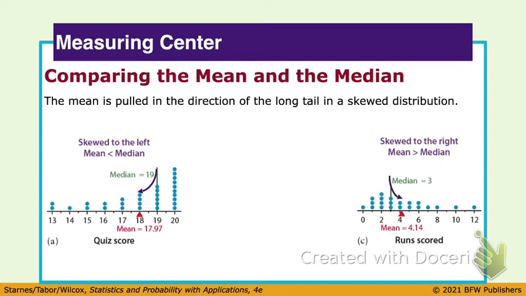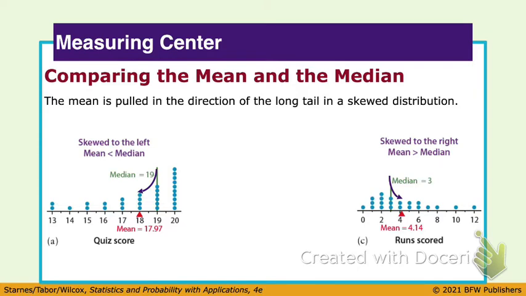And so what happens when we have a skewed distribution is our mean has to average in these lower values if it's a left skew. My mean has to average these in, and so it gets pulled down toward that skewed data. Same thing if it's a right skewed distribution, my mean gets pulled up by that skewed data.